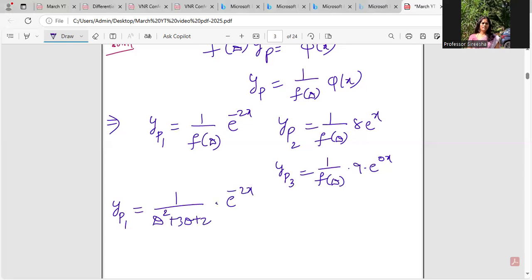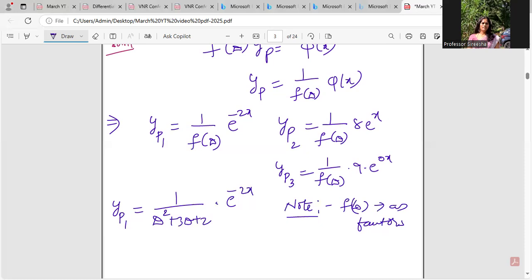And mind you, I have a note here for all of you guys. Whenever you are finding yp, write f of d as factors. Only then you will understand for which factor f of d is going to 0 and for which factor it is non-zero.